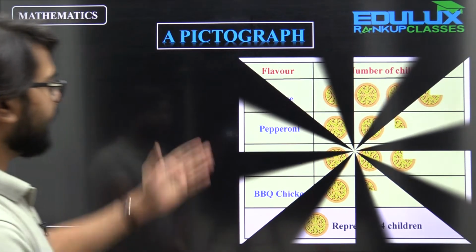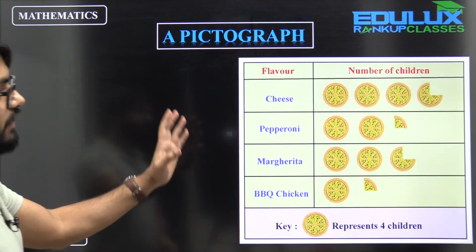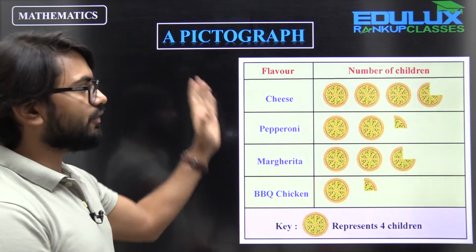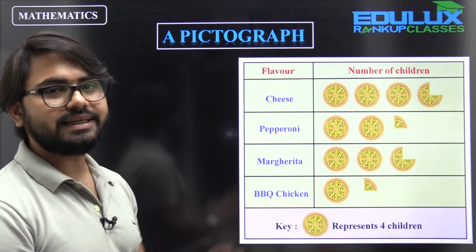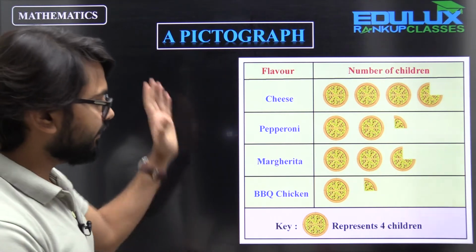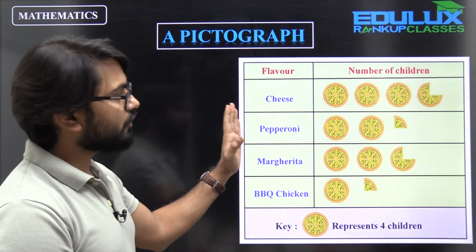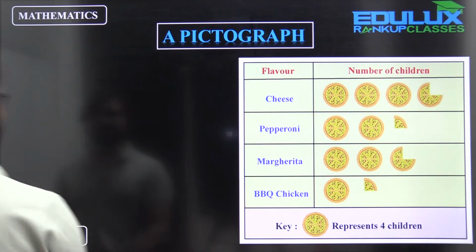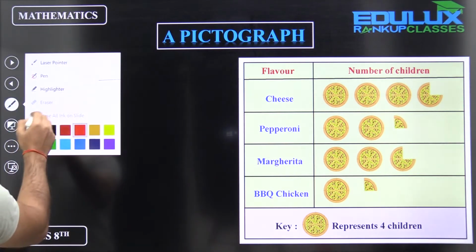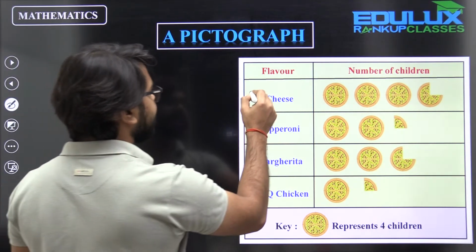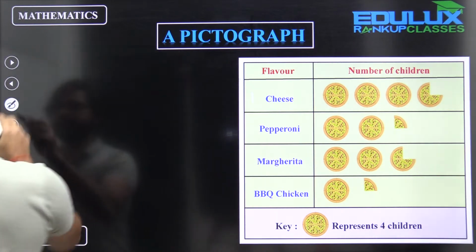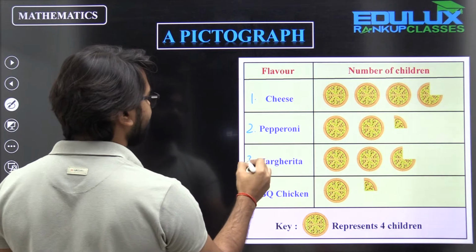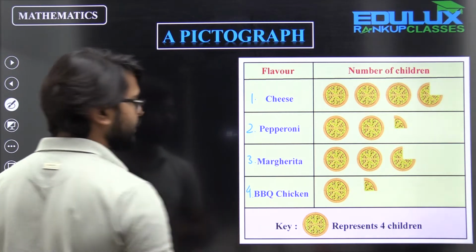You can see here we have a picture which is displaying some data about the flavors of pizzas liked by children. Number 1 is cheese pizza, number 2 is pepperoni, number 3 is margherita, and number 4 is BBQ chicken.